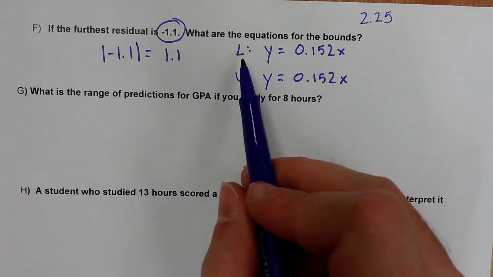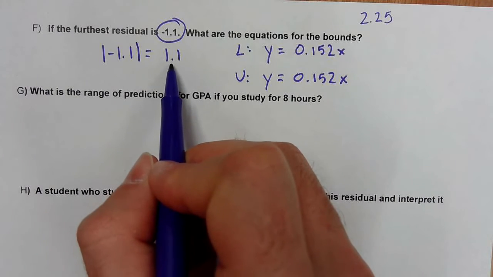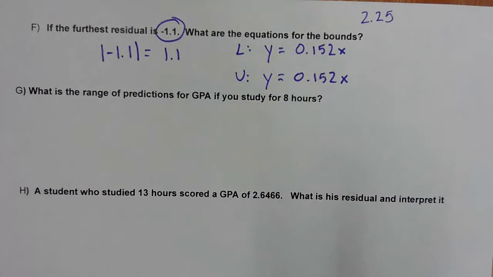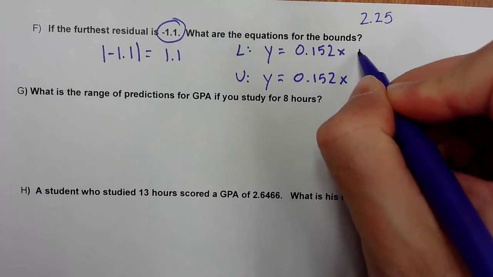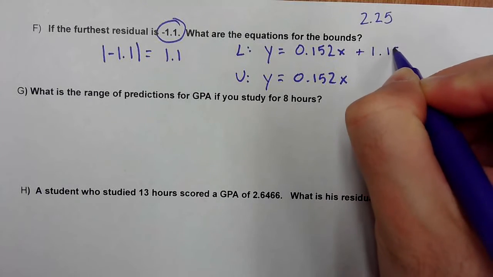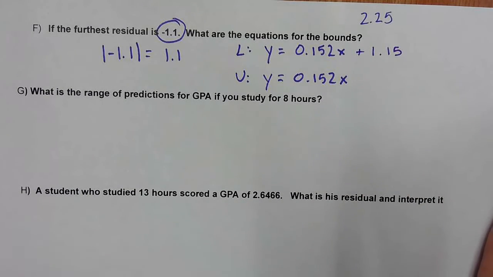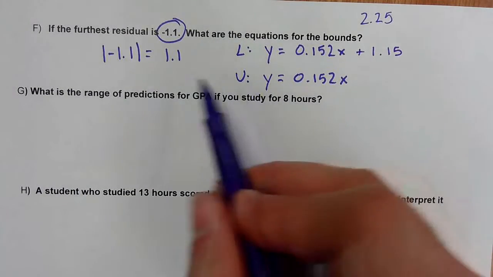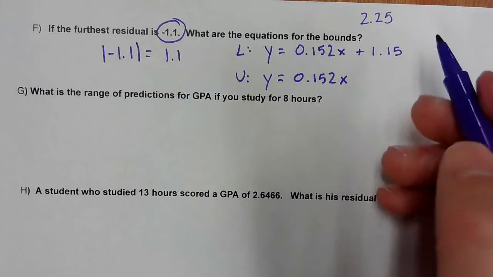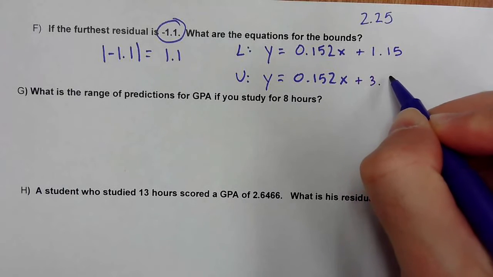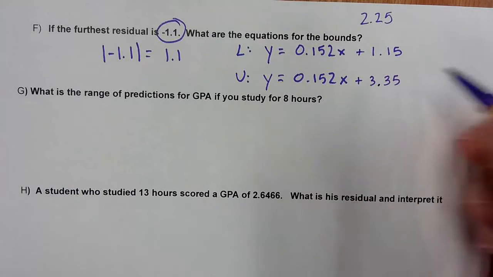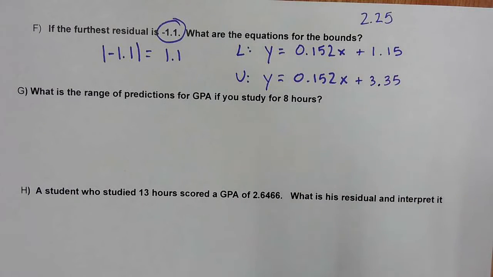So for my lower boundary, I'm going to subtract 1.1 from 2.25. 2.25 minus 1.1 is going to give me positive 1.15. And then I'm going to add 1.1 to 2.25 for my upper, giving me 3.35. And these will be my boundary equations.